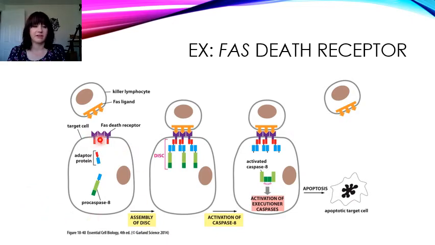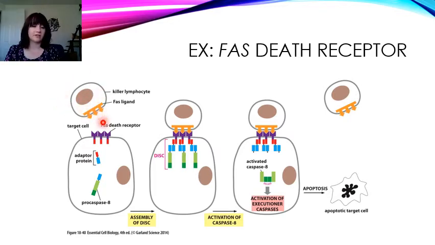And you can see that it has this FAS death receptor on its surface. Now here it's going to receive a signal to die by a killer lymphocyte. And so just as there is a death receptor, there is a ligand for it. And in this case, the ligand is actually attached to the surface of this killer cell.